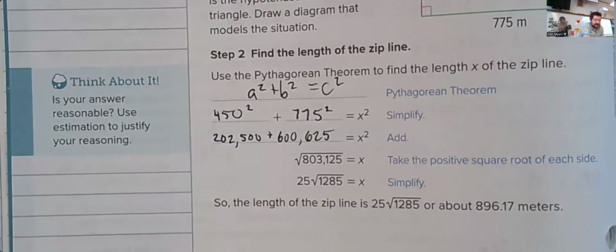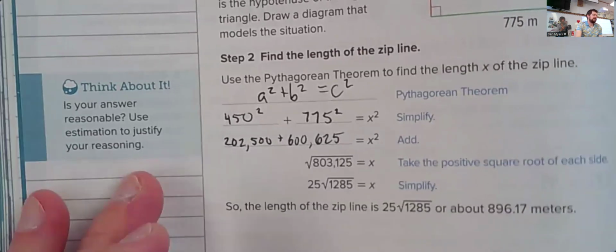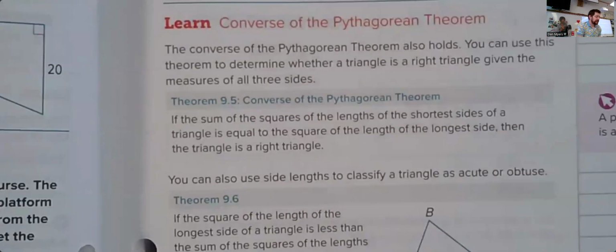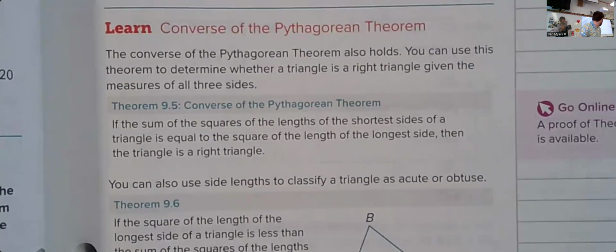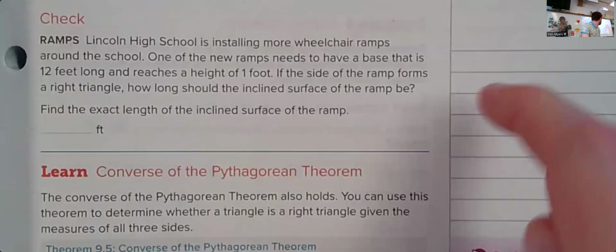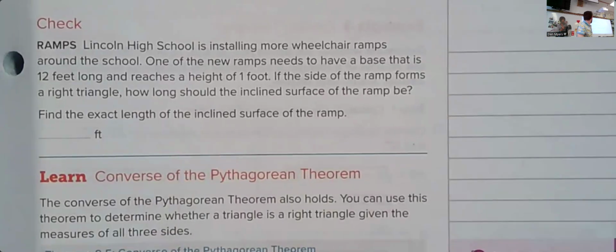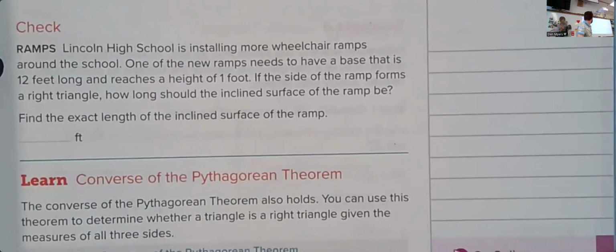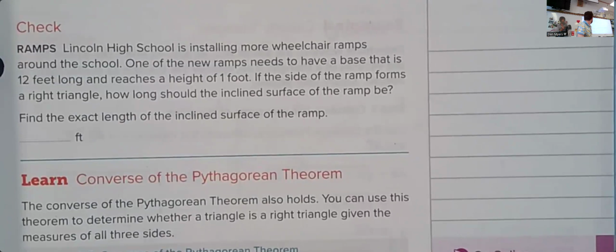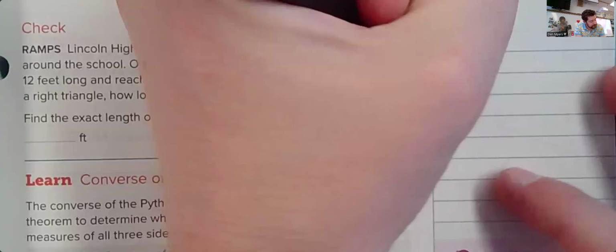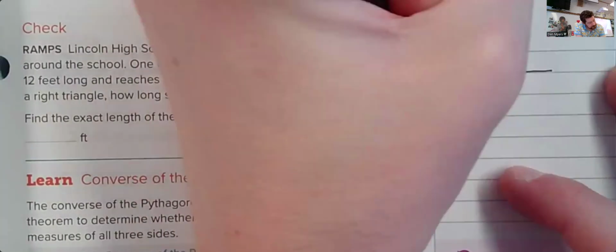Try the one at the top of 515 on your own. And then, you know, maybe draw a little diagram of it as well, just over to the right side here. Give yourself a little bit of a visual there. The biggest number always has to be C, right?